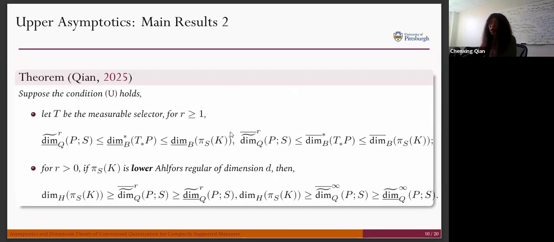And there are also some results where we can have the upper bound in terms of the Minkowski dimension.